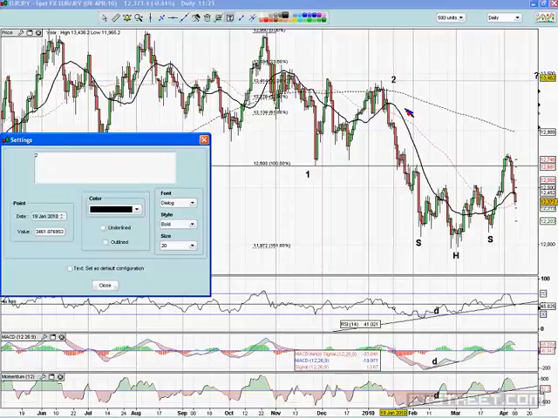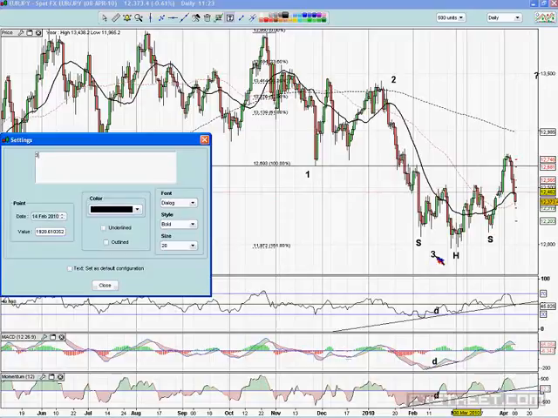We did have our wave 1, wave 2, wave 3, and we were expecting a corrective wave up, but we broke above wave 1, and that invalidated this wave 4 count, as we know that wave 4 can't move higher than the low of wave 1.